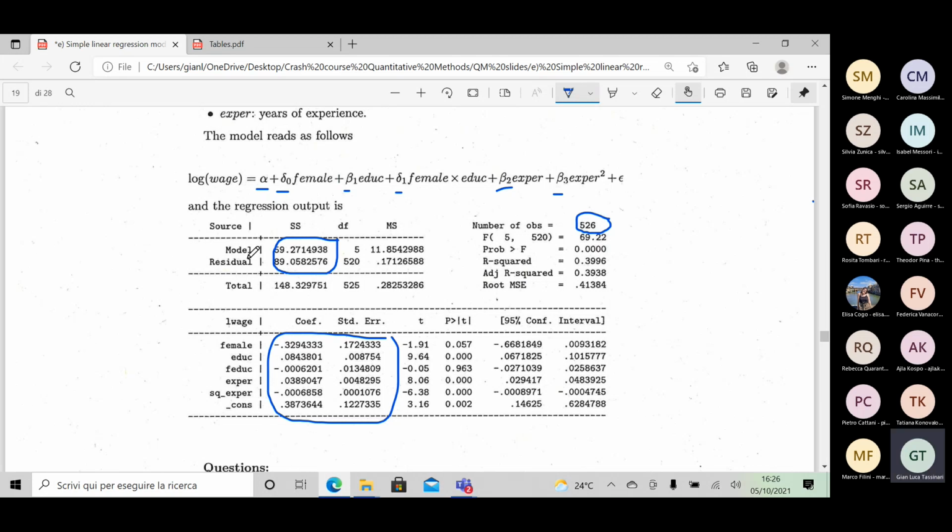Source, model, residual, total, which is SS, guys. Sum of squares. The model sum of squares, guys, is the regression, what we call the explained sum of squares.